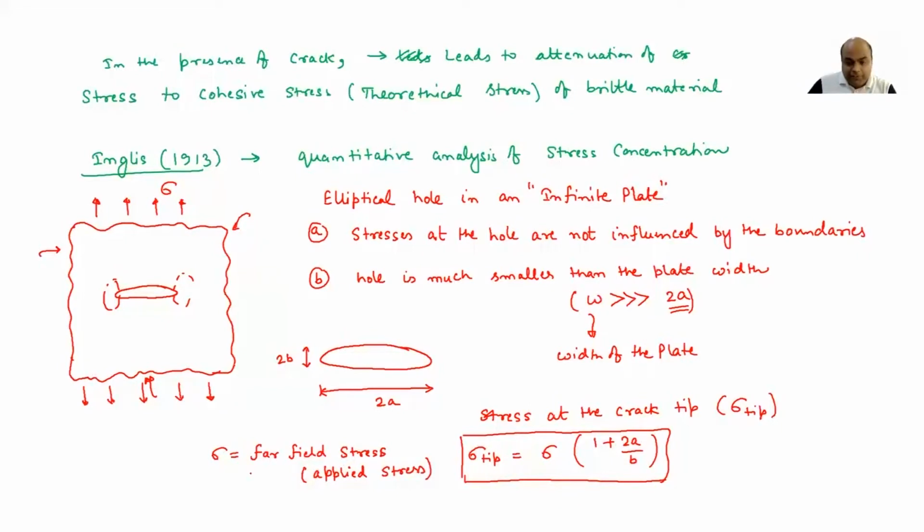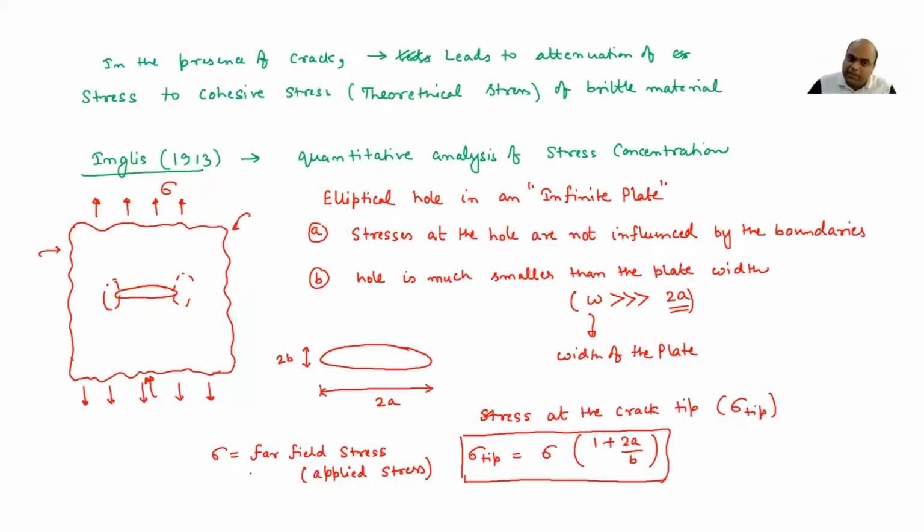Okay. Now, if you see this equation, applied stress is sigma, and then you have a factor of 1 + 2a/b, right? Which is going to have some value, and which is going to be higher than 1, because it's 1 + 2a/b and it's an elliptical hole, so 2a is going to be higher than b also, right?